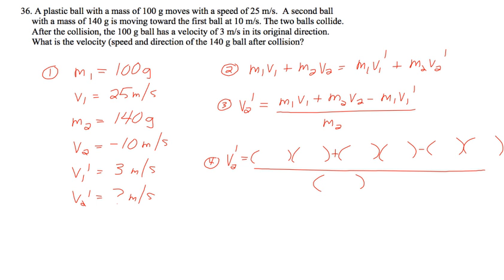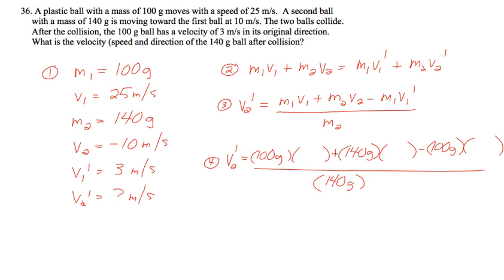So for m1, we have 100 grams. Goes there and there. m2 is 140 grams, so that's going to go there and there. And see how the reason it didn't matter whether I had it in grams or kilograms is that the grams will all be canceled out by the grams down here.